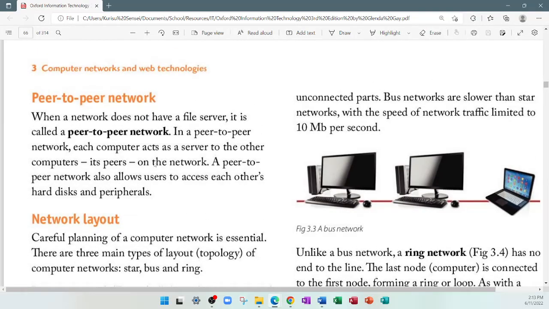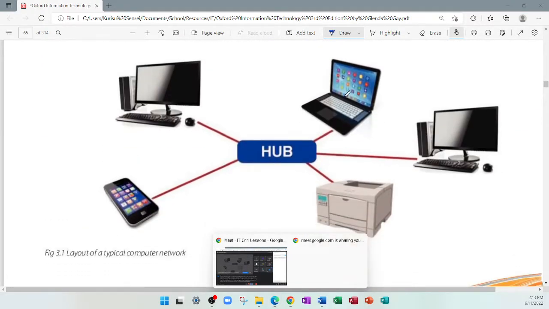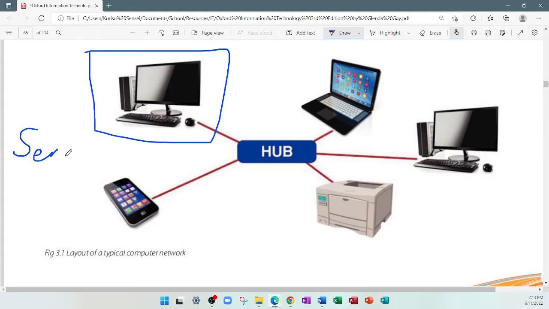So it says here that a peer-to-peer network basically refers to a network that does not have a file server. So if we were to look at a diagram, for example, this diagram of this network here. Say for instance, this computer here is what we would call a server.